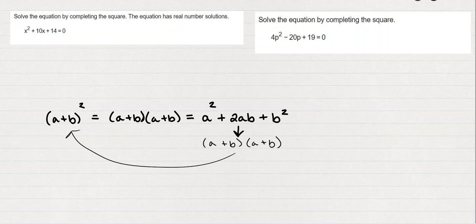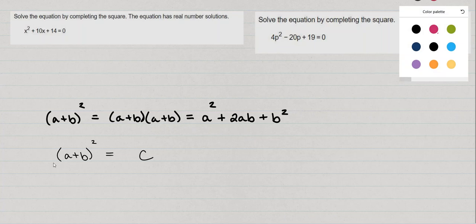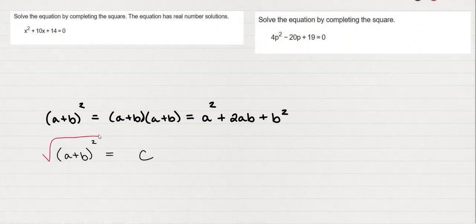Now look at what we could do with the square root property of that. Let me work backwards just a little bit here. If I had that this (a + b) squared equaled some value, just anything, I could solve this quadratic by taking the square root of both sides.